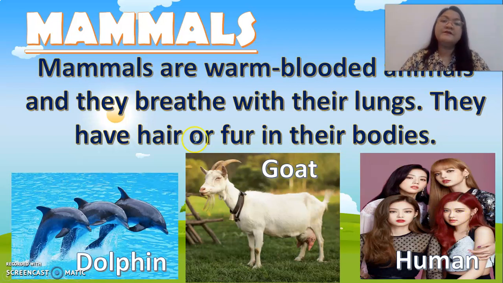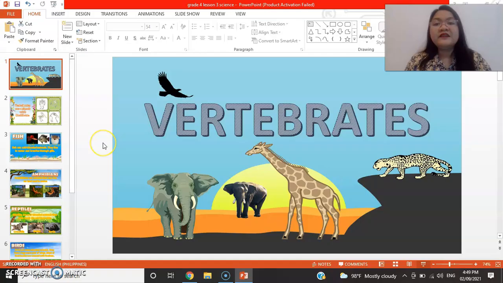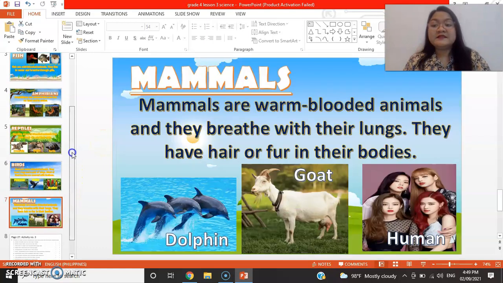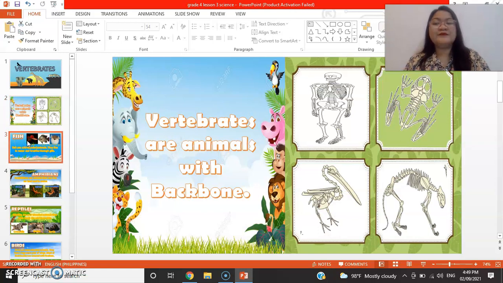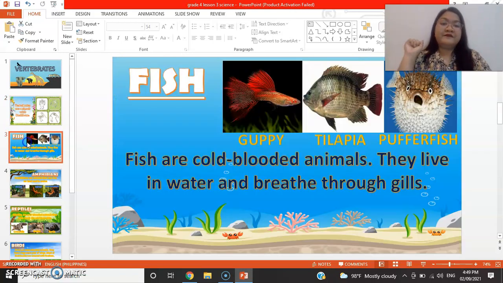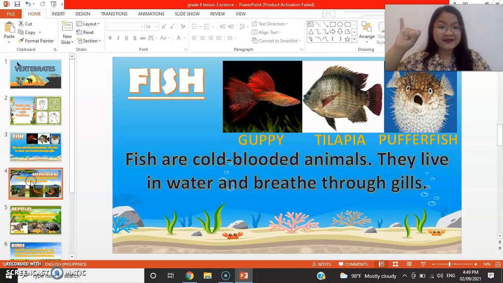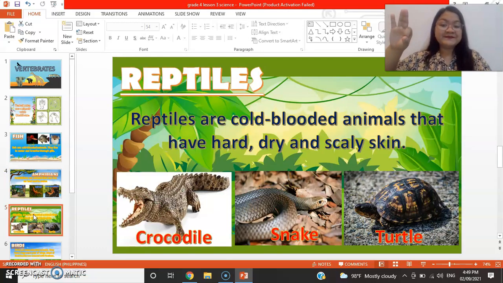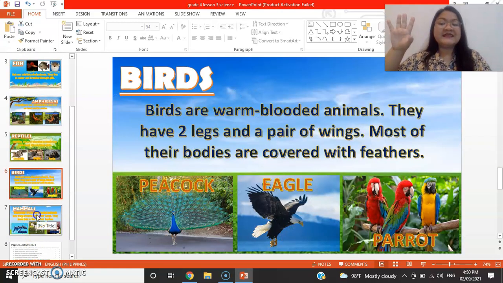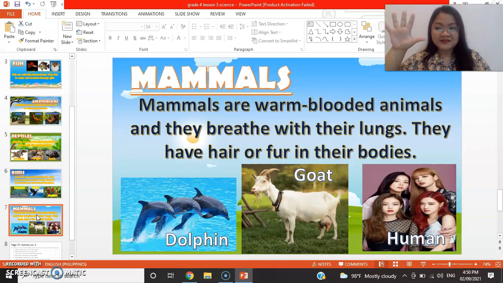Okay, very good. Again, what are the 5 groups of vertebrates? We have fish, amphibians, reptiles, and birds. And the last one is mammals. Okay, very good. So what group of animals is cold-blooded? Very good.